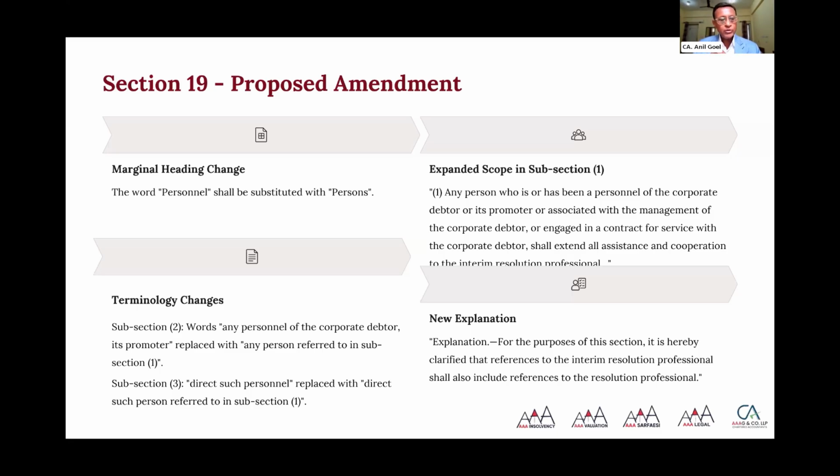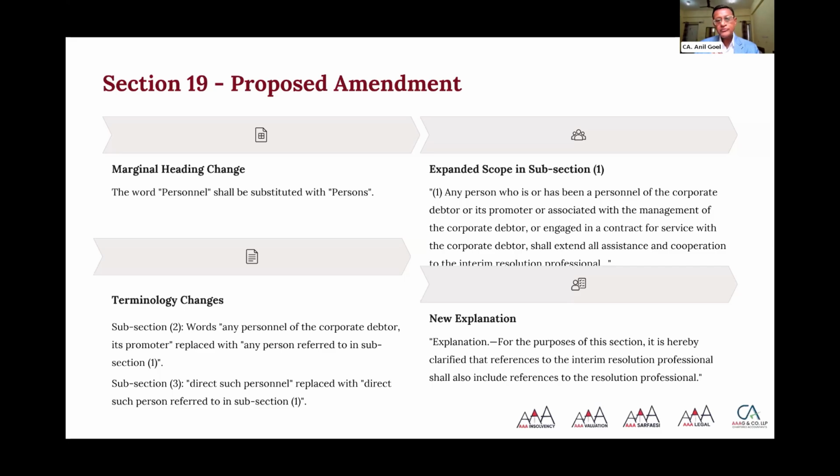Now the terminology changes: subsection 3 says that the adjudicating authority shall direct such personnel, that means such persons. So a new explanation has been added: for the purpose of this section, it is hereby clarified that the reference to the IRP shall also include references to the RP.